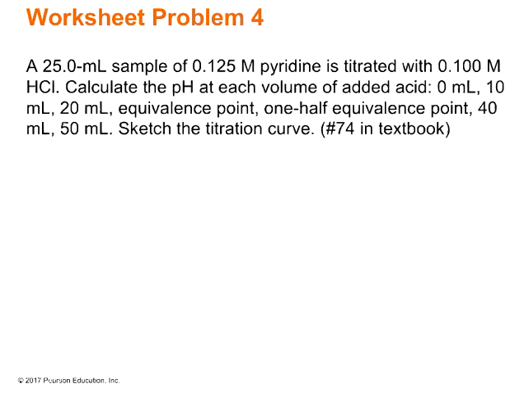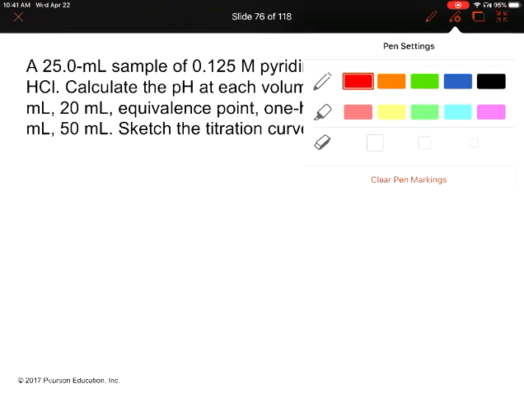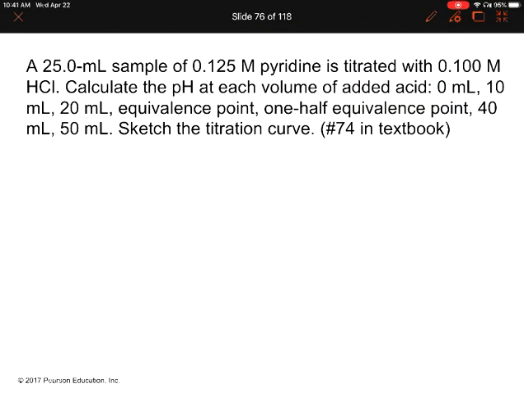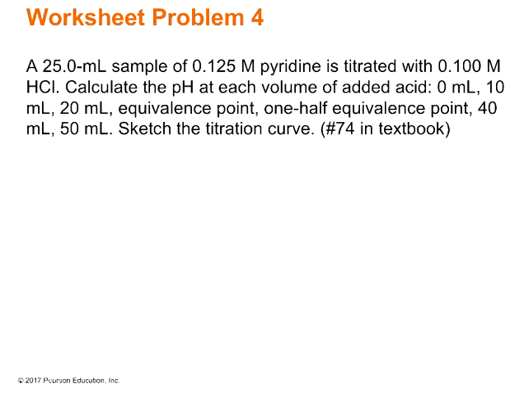So at this point, the added acid, hydrochloric acid, is going to ionize into hydrogen ions and chloride ions. And those hydrogen ions are going to interact with the weak base, pyridine.